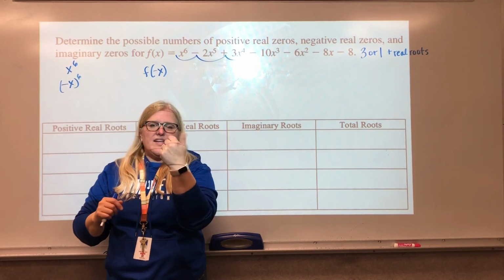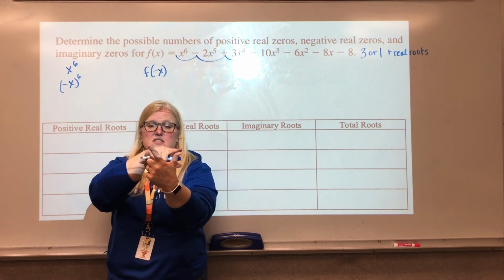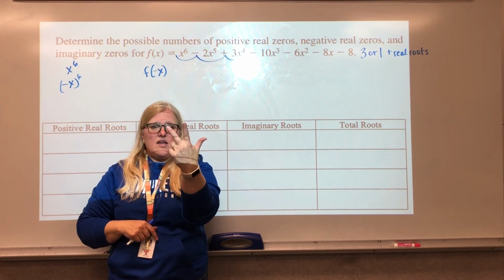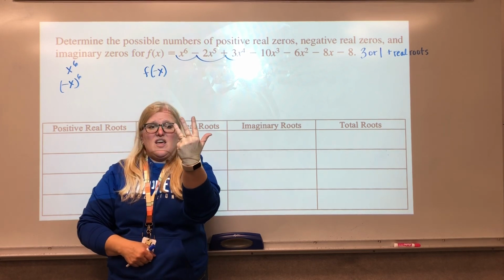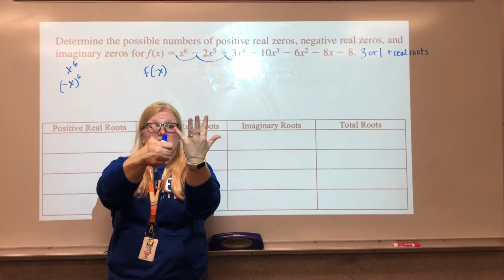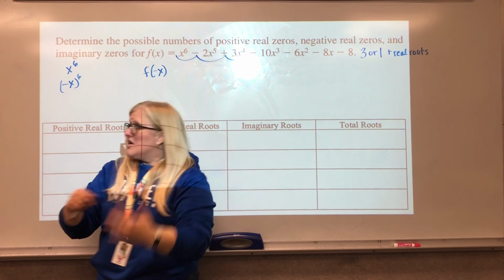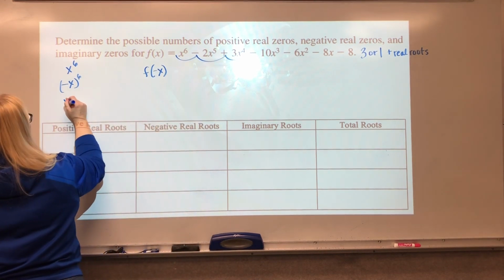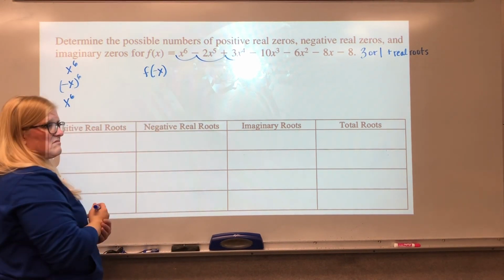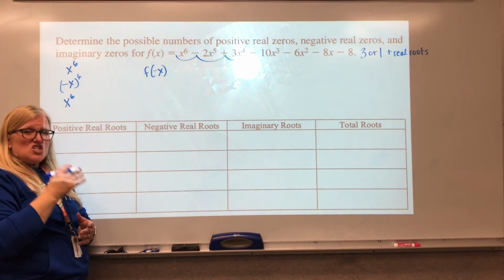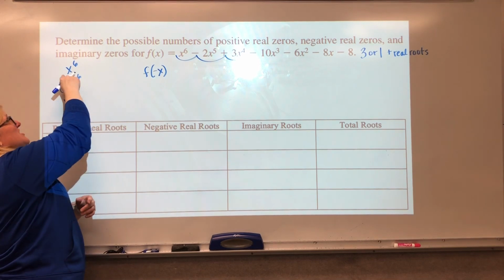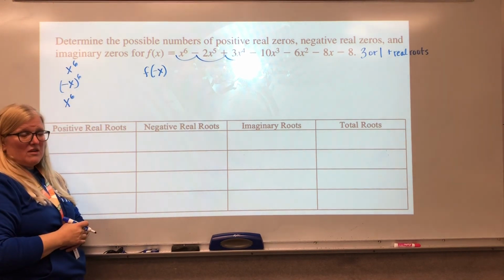I've got negative x times negative x. That gives me a positive. Another one and another one gives me another positive. And another one and another one gives me another positive. So this doesn't change. If it's even, my sign doesn't change. I just get what I started with.